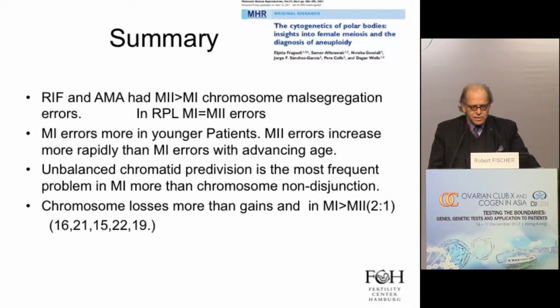Meiosis 1 errors were more in young patients, and older patients had increased meiosis 2 errors. Unbalanced chromatid predivision was the most frequent problem in meiosis 1, and chromosome losses were seen more than chromosome gains.